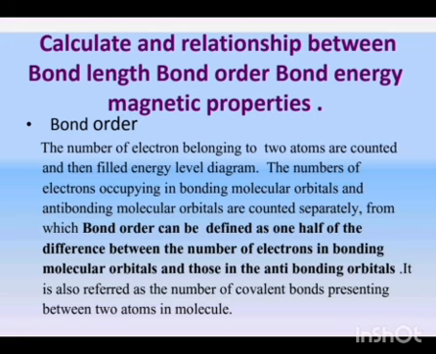The numbers of electrons occupying bonding molecular orbitals and antibonding molecular orbitals are counted separately, from which bond order can be defined as one half of the difference between the number of electrons in bonding molecular orbitals and those in the antibonding orbitals. It is also referred to as the number of covalent bonds present between two atoms in a molecule.